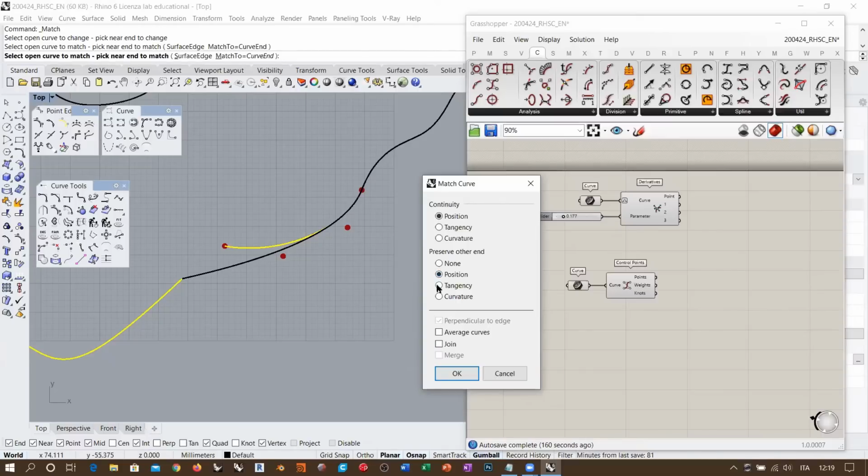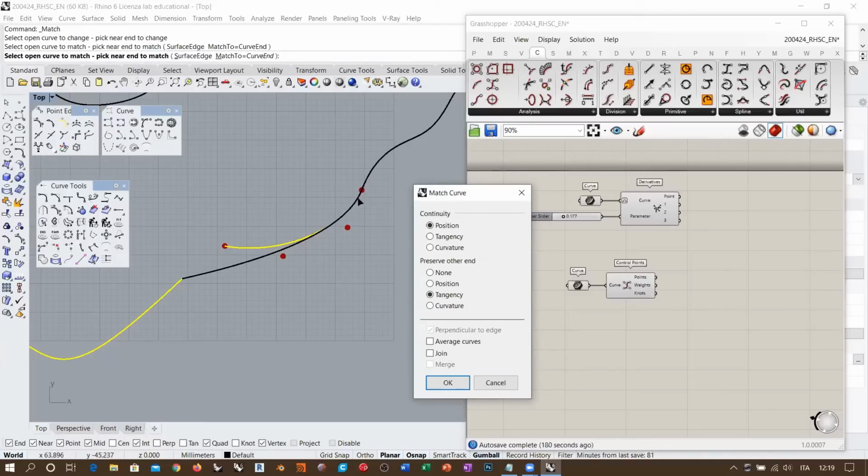So in order to preserve the other end geometrical relation that I want, I must switch from position to tangency. Now, switching from position to tangency, it means that I have a 4 control points curve. And I am telling Rhino that in order to match this curve to this endpoint here, it must use 1 control point for position here and 2 control points for adjusting tangency in the opposite end.